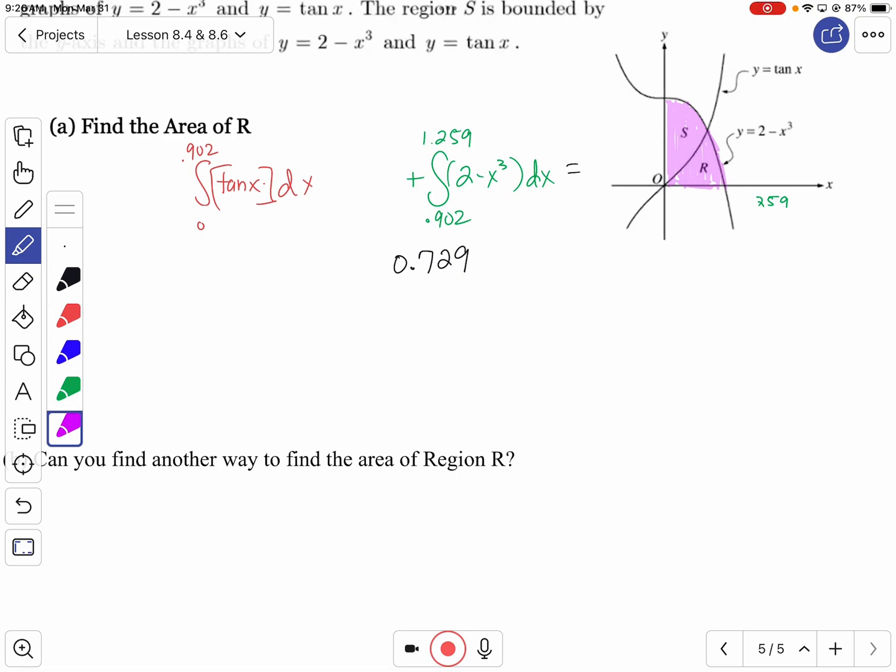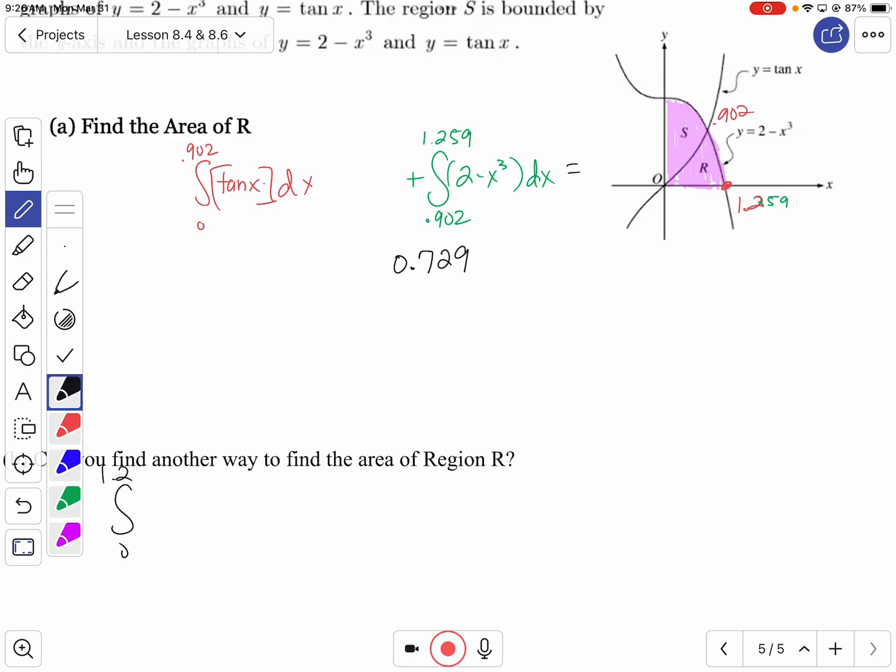So to not have to split that little R region, it still intersects at 0.902 right here. It still ends at 1.259. Okay, so if I do the whole integral for S, that's going to be the integral from 0 to 1.259, and that curve is the cubic, 2 minus x cubed dx, minus the integral of the S region.